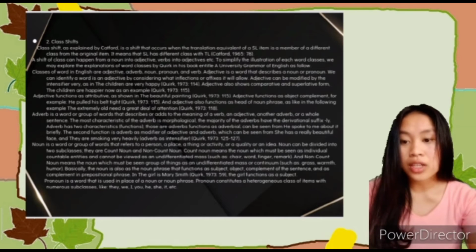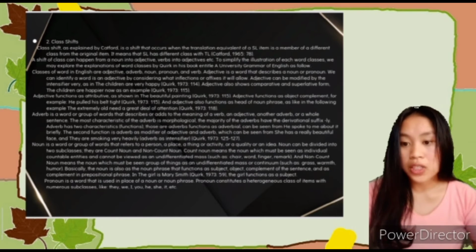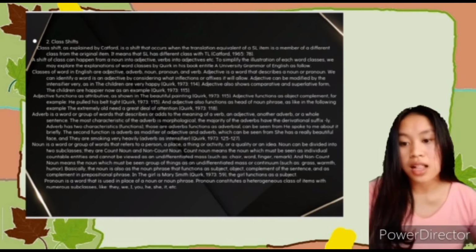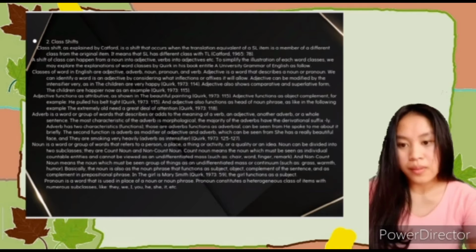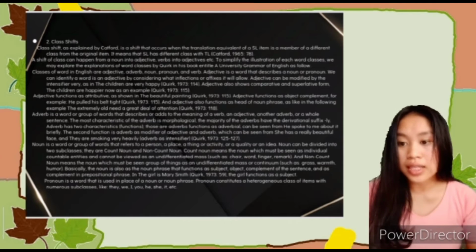An adjective is a word that describes a noun or pronoun. We can identify a word as an adjective by considering what inflection or affix it will allow. An adjective can be modified by the intensifier very, as in: the children are very happy.